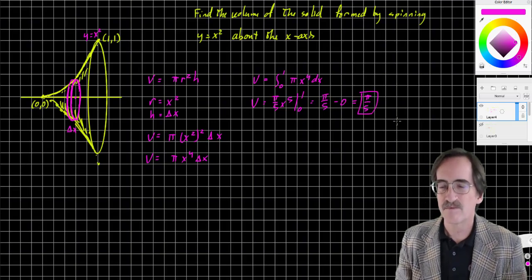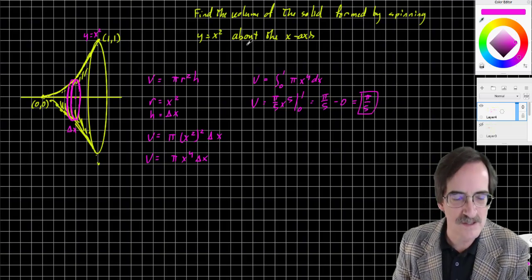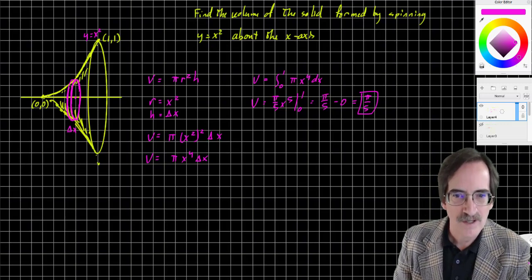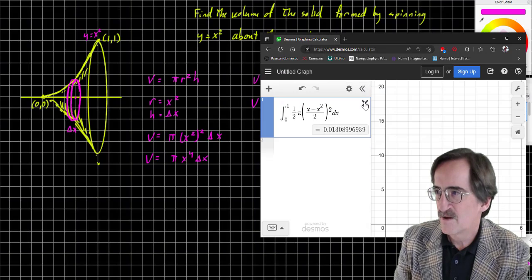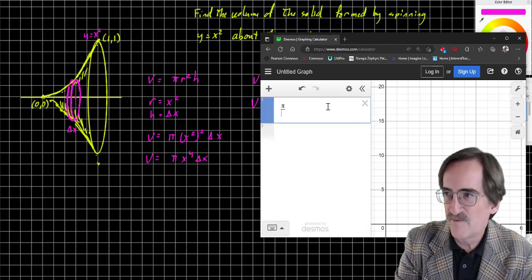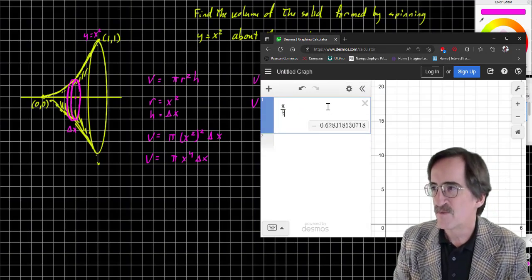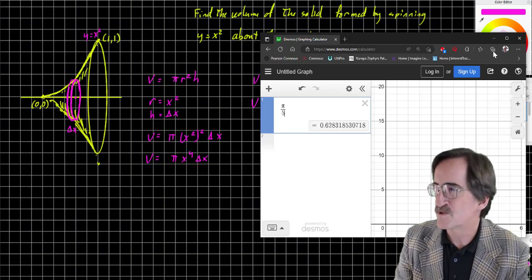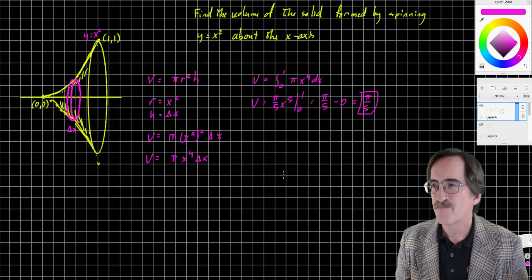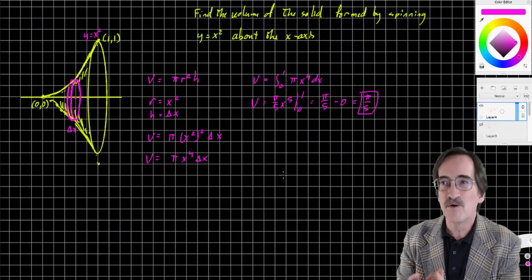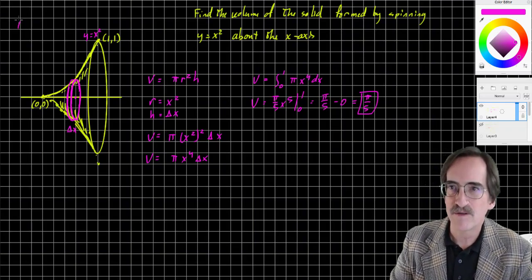Okay, which is about 0.6 or something like that. Pi over 5. Yeah, it was really close, 0.62663. Okay, all right, so that's called the disk method. The disk method, or disk with a k.